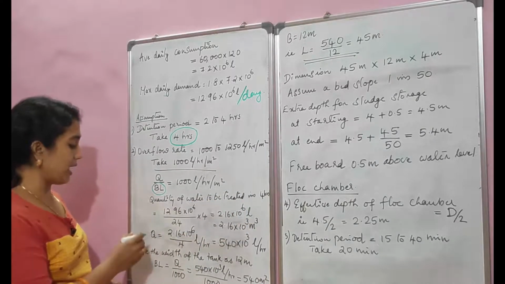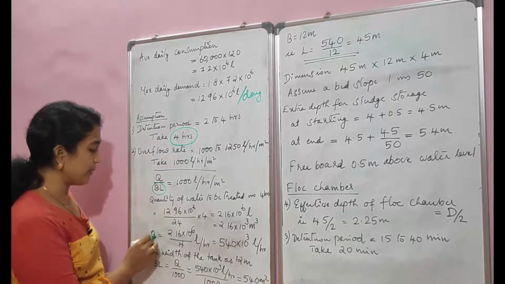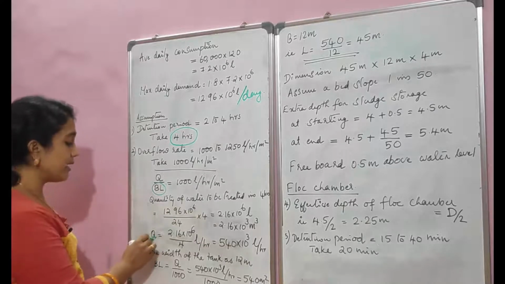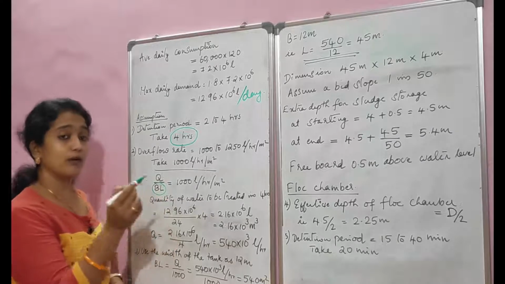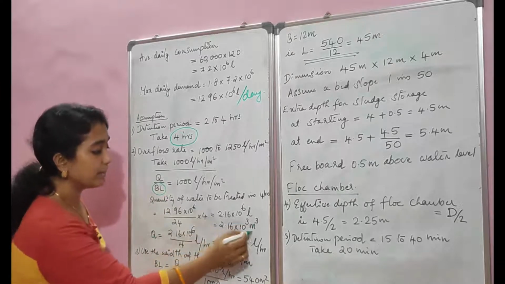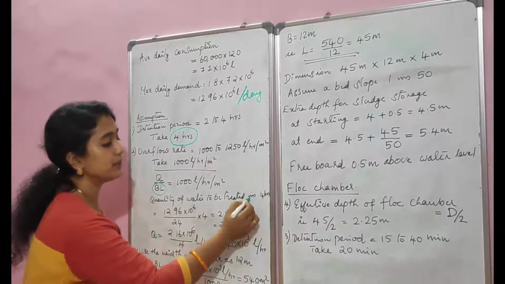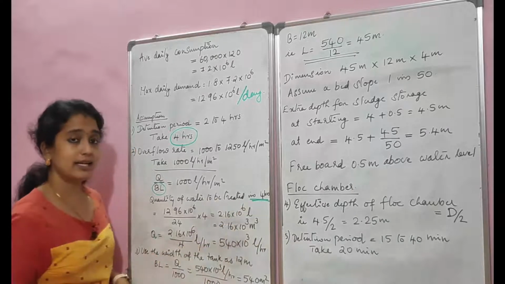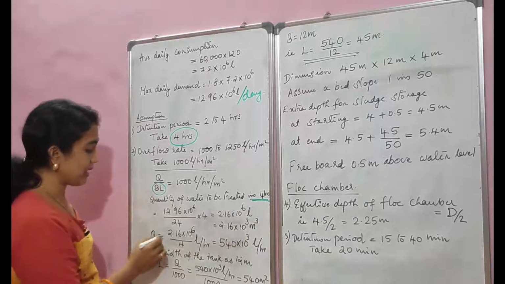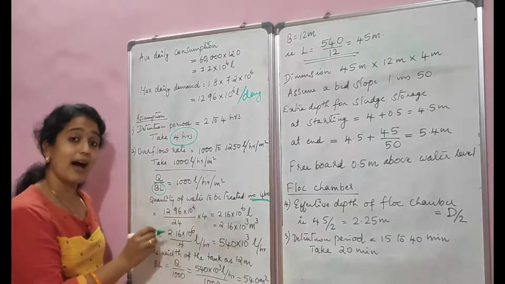Then we have to calculate the Q value. What is the Q value? This is for the detention period of 4 hours demand, so we have to calculate it per hour.